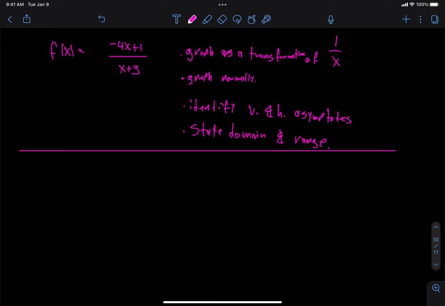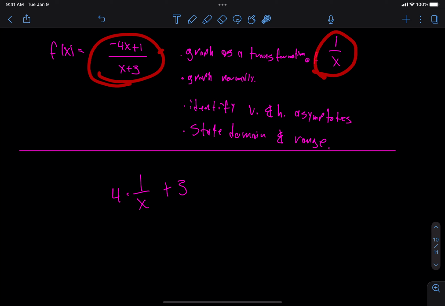So, transformations of 1 over x. I can do stuff like add a number, or multiply by a number. But is there anything particularly different about this function from a transformation of 1 over x?